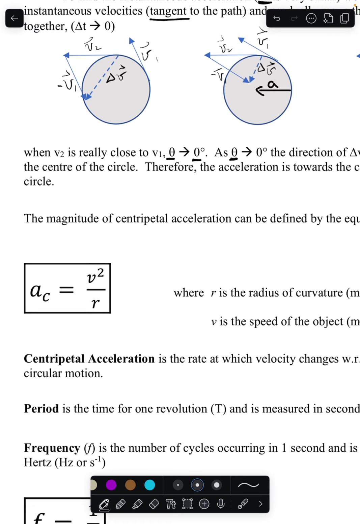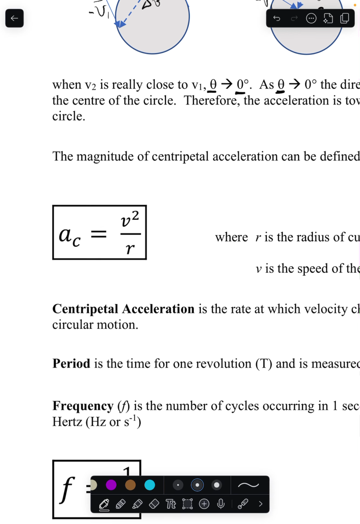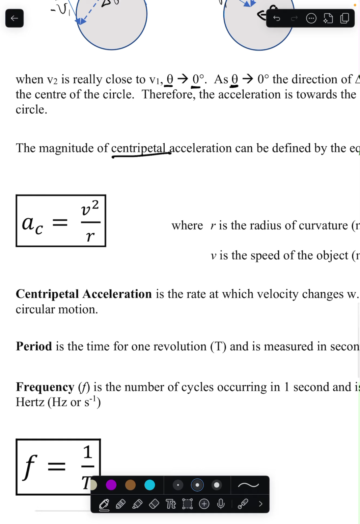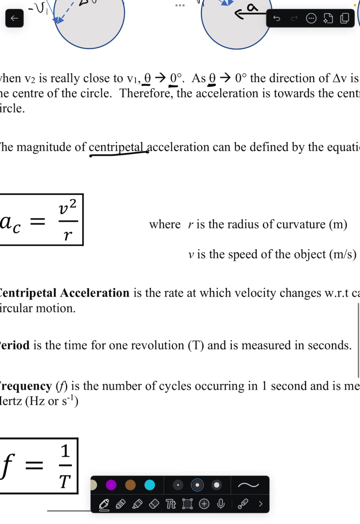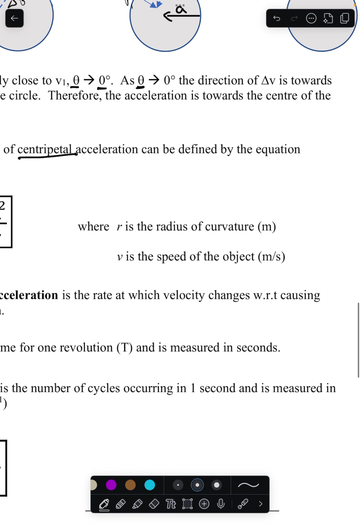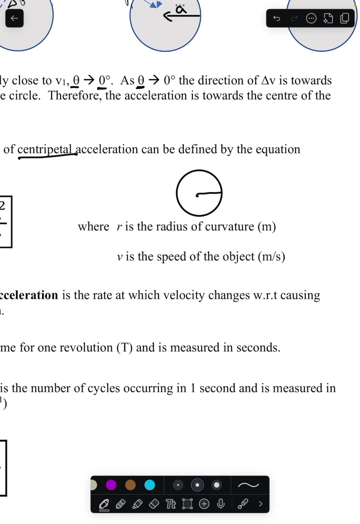The magnitude of the centripetal force, or centripetal acceleration, can be defined by the equation a_c equals v squared over r. Our r is going to be the radius of the curvature, from the middle to the side.